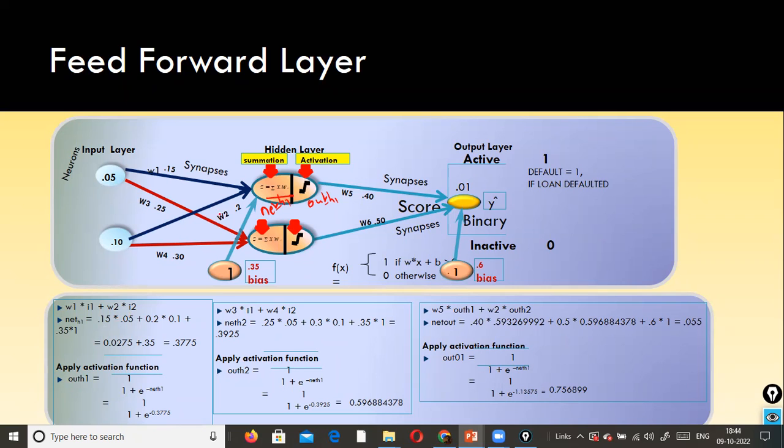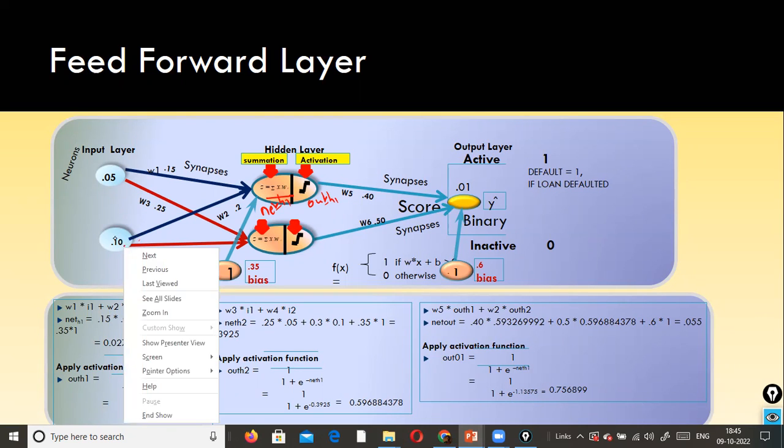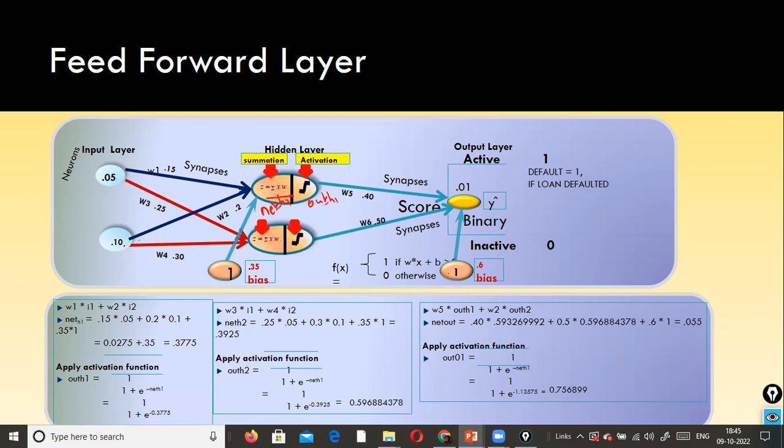So net H1 here is 0.15 into 0.5 plus 0.2 into 0.1 plus 0.35 into 1.